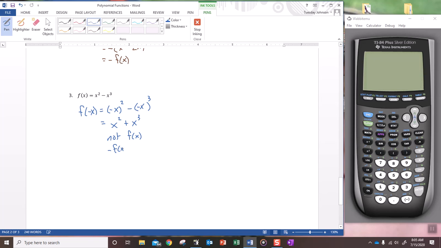Negative f of x is negative x squared minus x cubed, which would be minus x squared plus x cubed. But there's no minus sign for the x squared, so it is not negative f of x either, so this function is neither even nor odd. Yeah, that's horrible writing. My apologies.